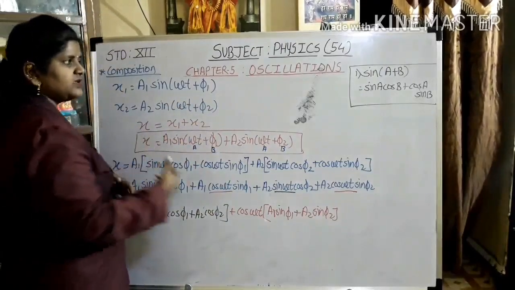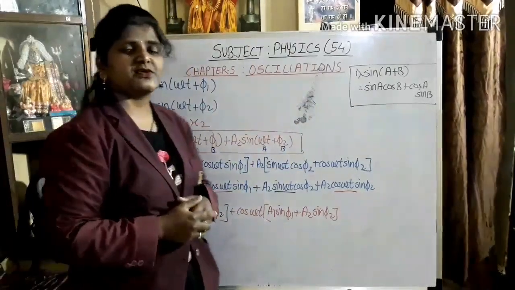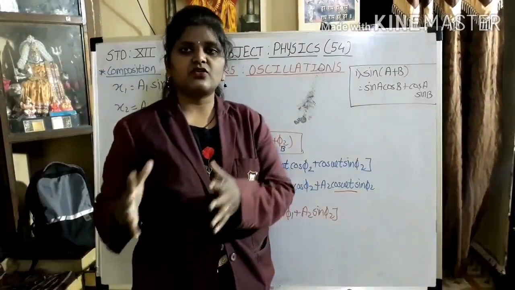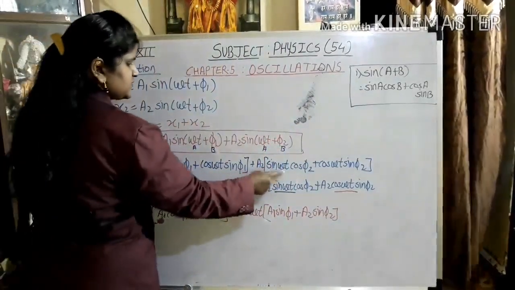Now what I have done is apply the formula of sin of a plus b, which is sin a cos b plus cos a sin b. By applying that, I got this.